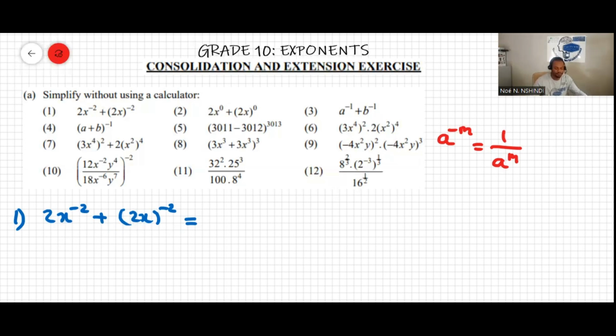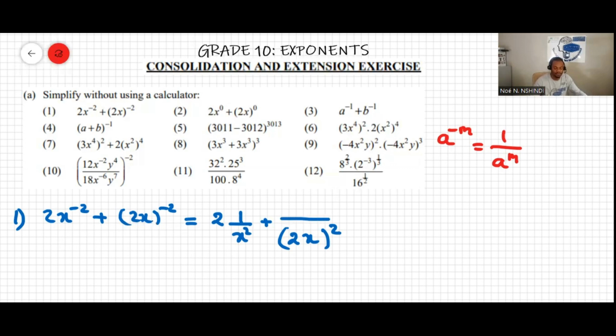For the first term, I'll write 2, and then x is raised to the negative power of 2, so I can write 1 over x squared. So it's 2 times 1 over x squared, and then plus the whole thing, 2x, raised to the negative power, which can be written as 1 over (2x) to the power of 2, like that.